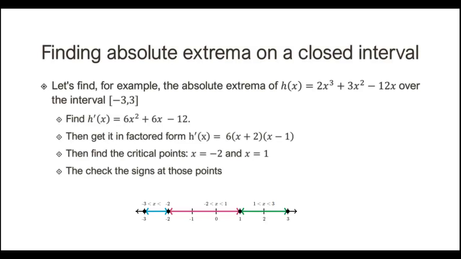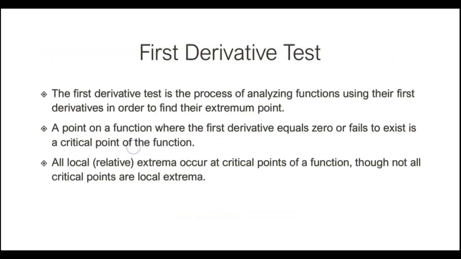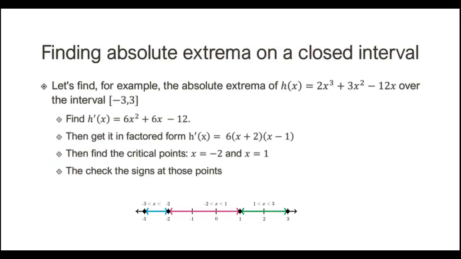You get big numbers. What'd you get? F of 3 is the max, and F of 1 is the min.